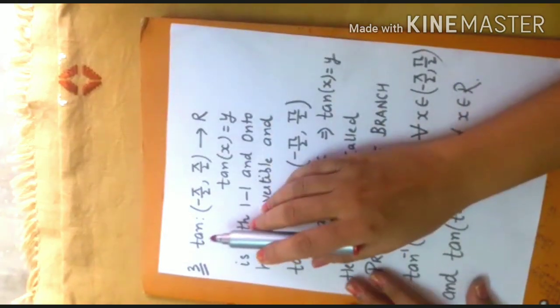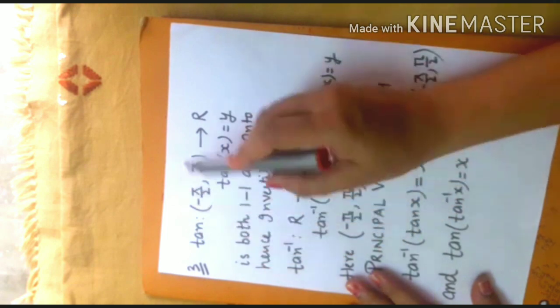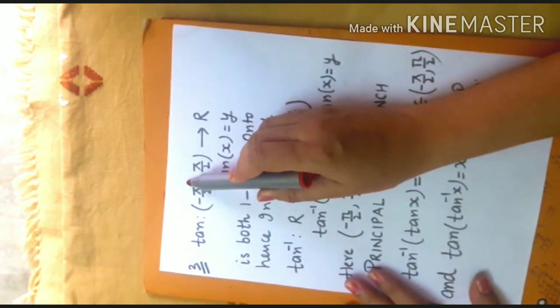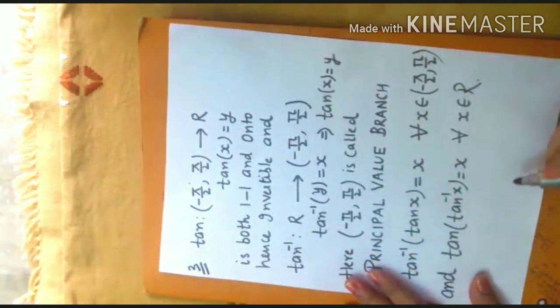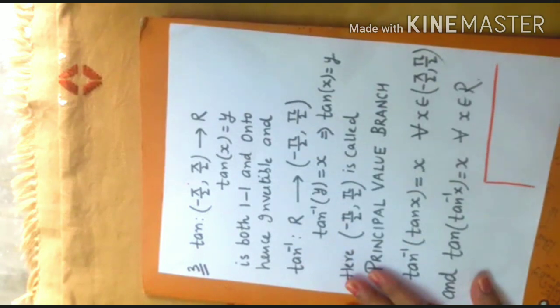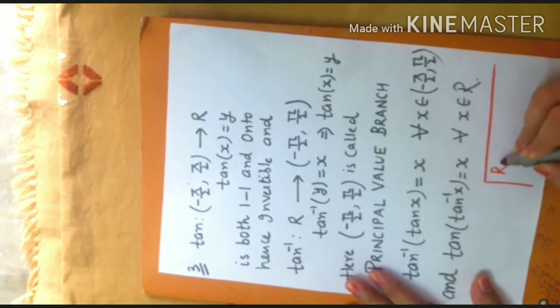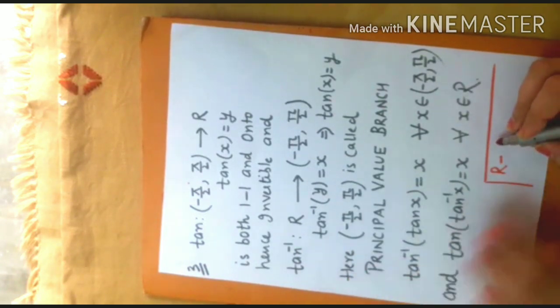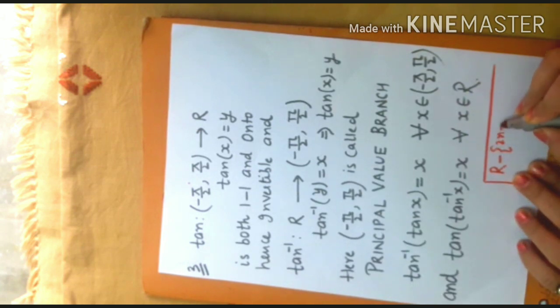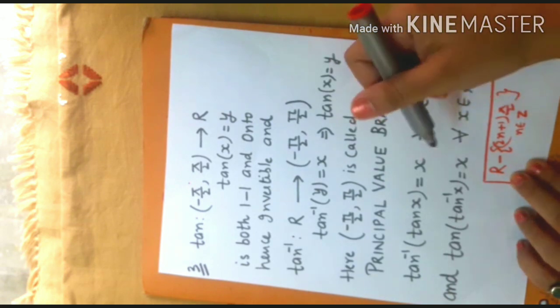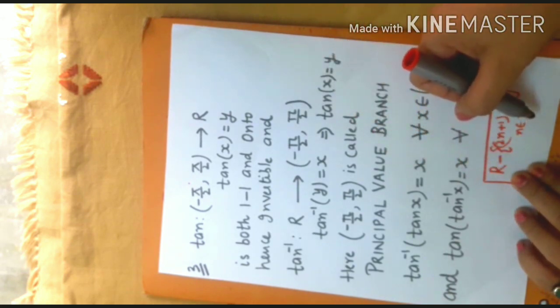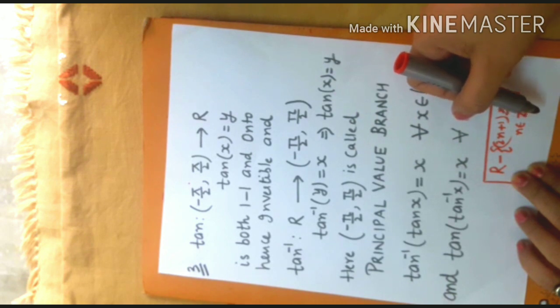Now similarly, tan function on this restricted domain. The actual domain of tan function is R minus odd multiples of pi by 2, where n belongs to Z. On this actual domain, the tan function is not 1 to 1, so I cannot talk of its inverse.